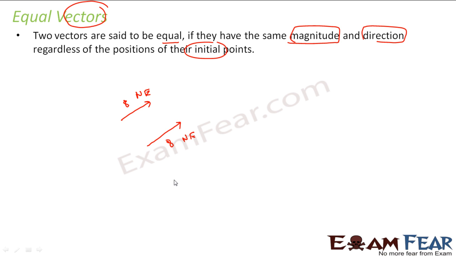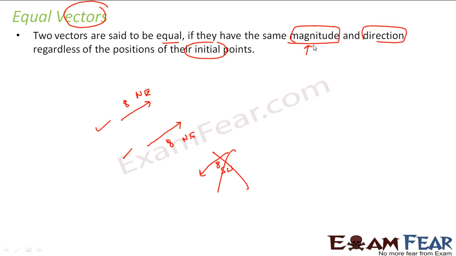Then they are equal, irrespective of origin. If it is in this direction, this one will be southwest with 8 magnitude. These are not the same, but the earlier ones are the same.